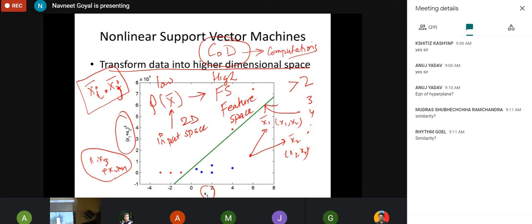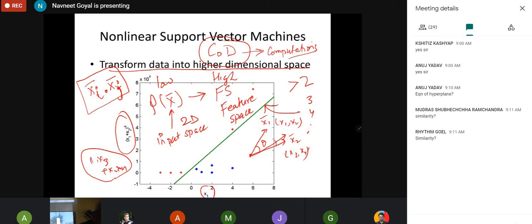It basically indicates how similar these two vectors are. It is also called cosine similarity, not cross product. So this is about the angle between them. If the angle between them is less, say my x1, x2 is like this, so the angle is smaller, the dot product would be higher.